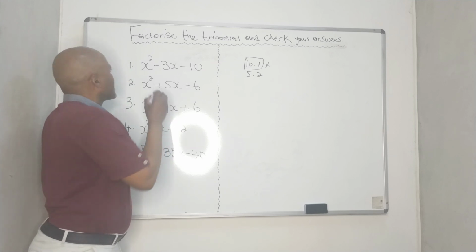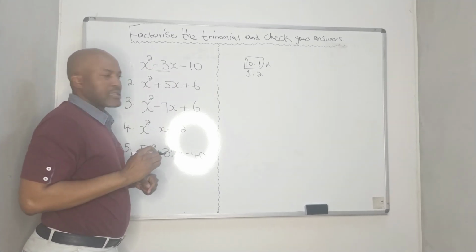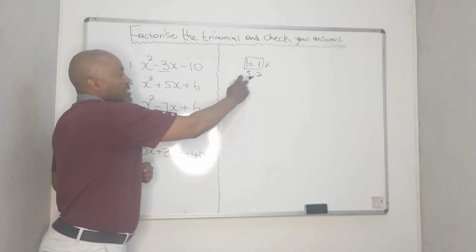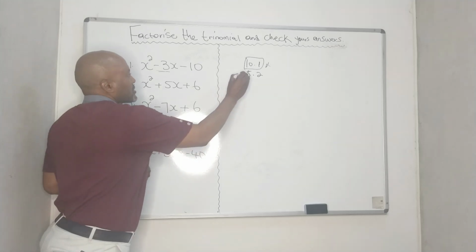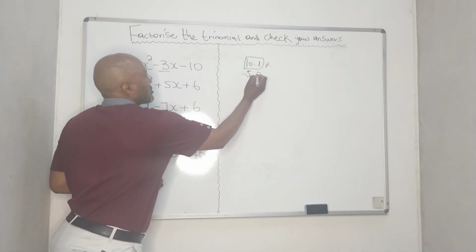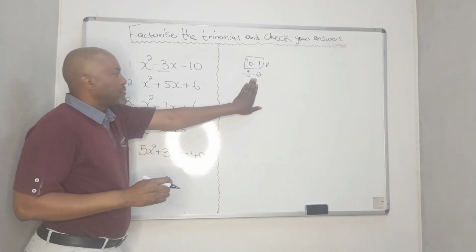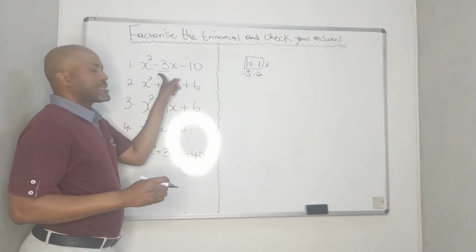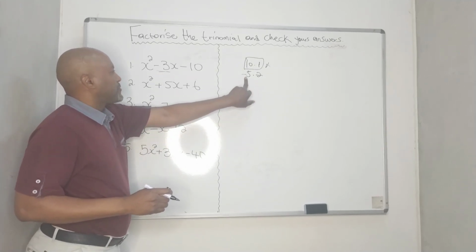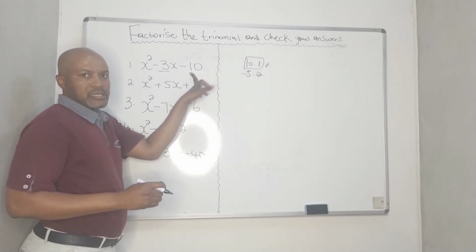Since we've got negative 3x here, it means the bigger number should carry a negative sign, and this one should carry a positive sign, because if you add the 2 here, definitely you are going to get 3x. If you multiply negative 5 and 2, definitely you are going to get negative 10.